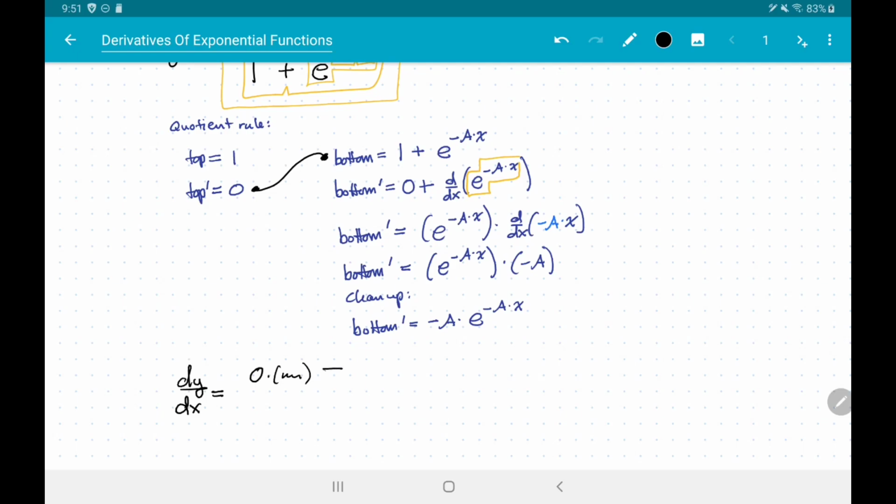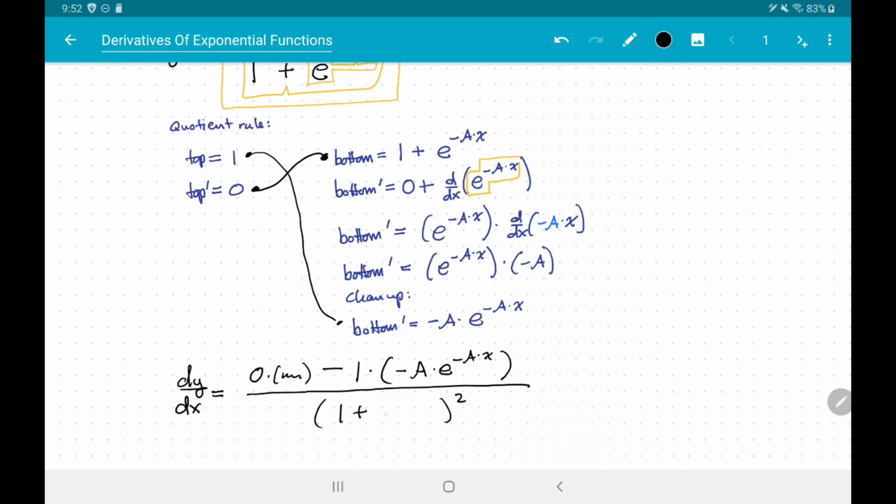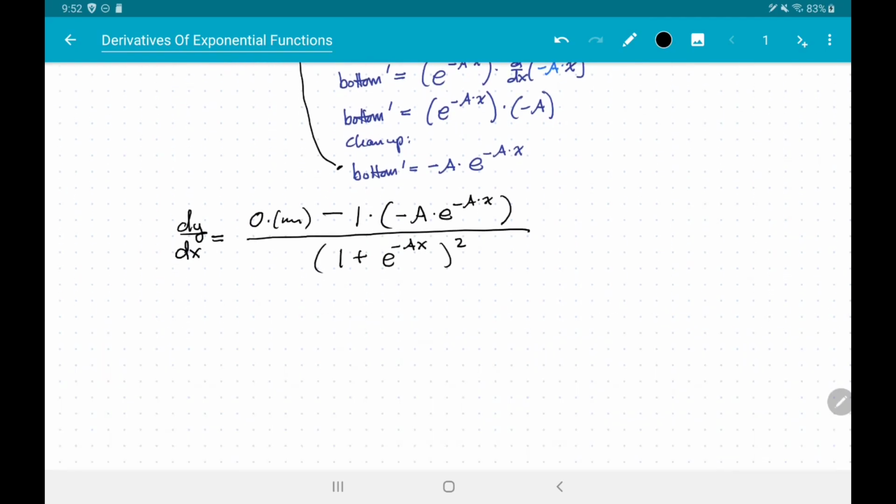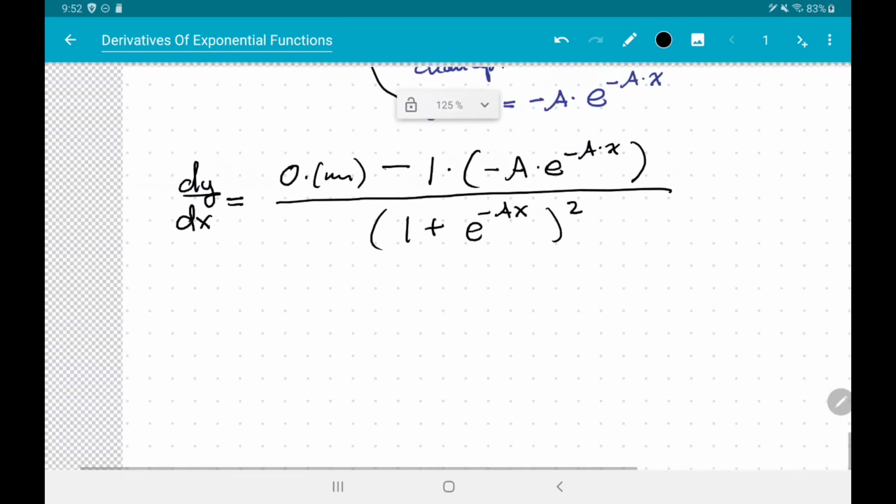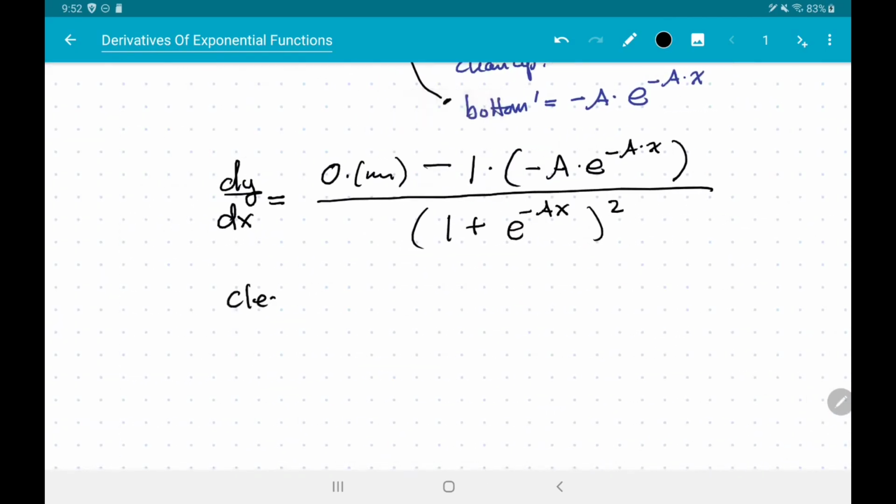Then we subtract the top times the derivative of the bottom. So 1 times, and the derivative of the bottom, I'll copy that into place. Then we have to divide the whole thing by the square of the bottom. So that is the result of the quotient rule. We are now finished with all of the derivative operations. All we have to do now is a little bit of cleanup.